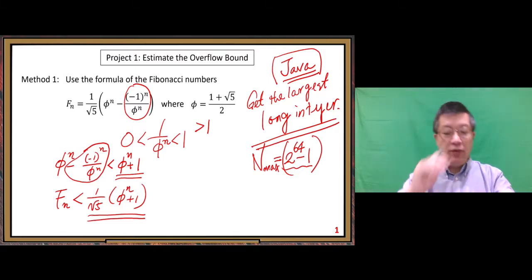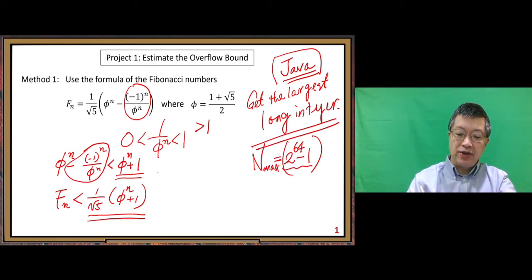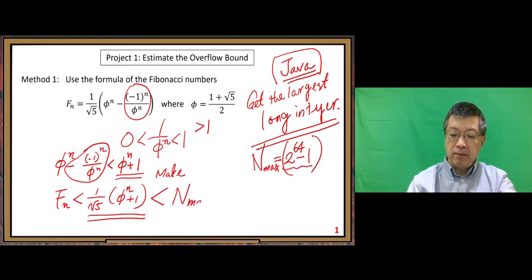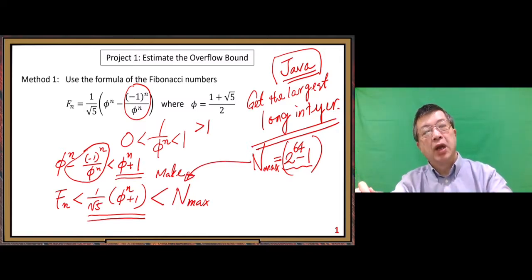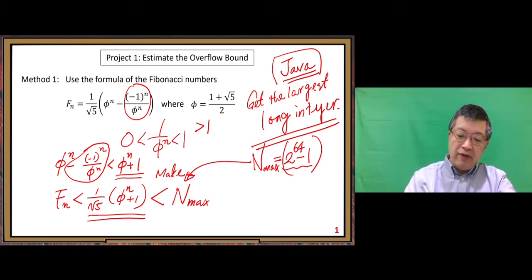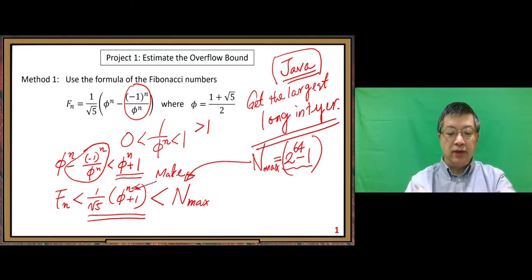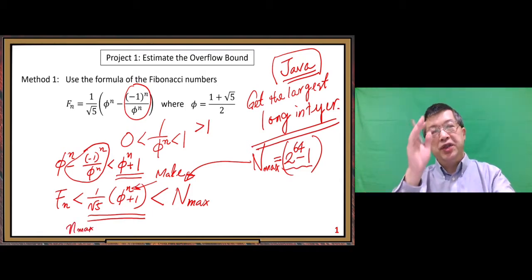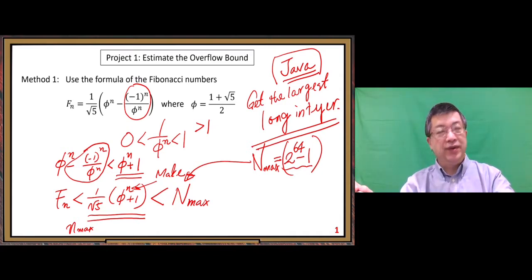Now we force this to be less than the largest long integer, and we solve this inequality for n. That will be our little n max. We solve this using the logarithm.